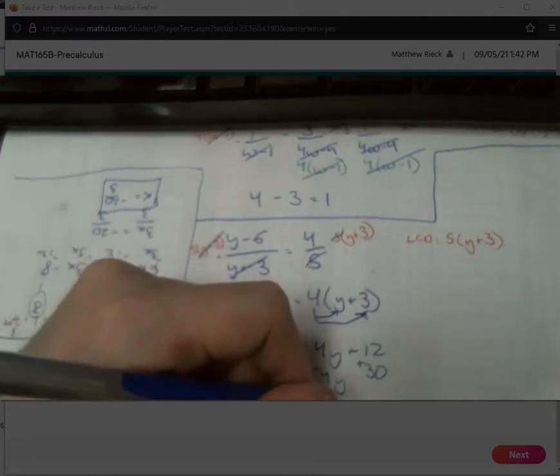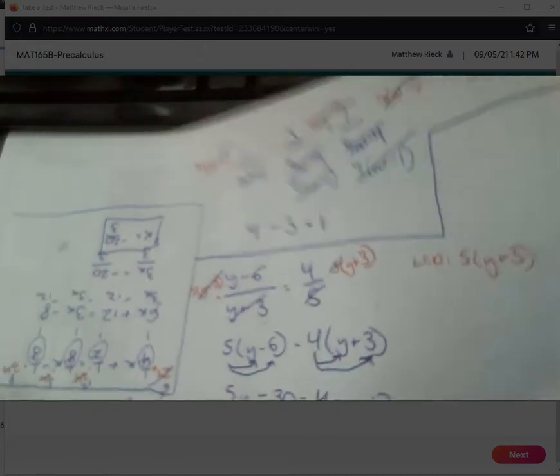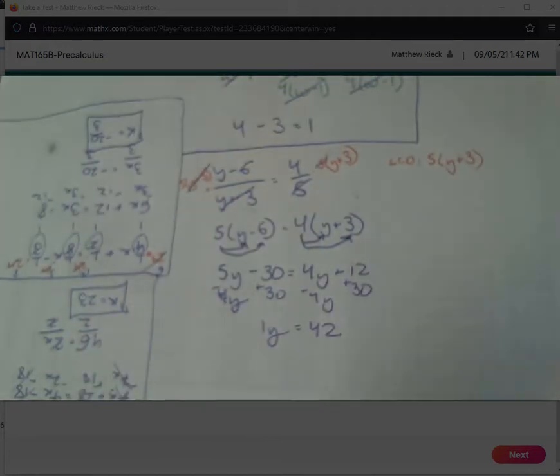And then 12 plus 30 is going to be 42. There we go. And again, if you're ever curious as to whether you have the right answer, you can always go back and plug it in and check. That's what I'm going to do here. So we have 42 minus 6 divided by 42 plus 3. I end up with 4/5, which is exactly what I should get.